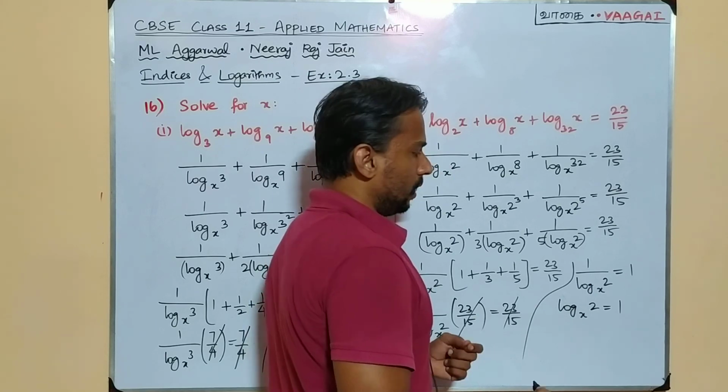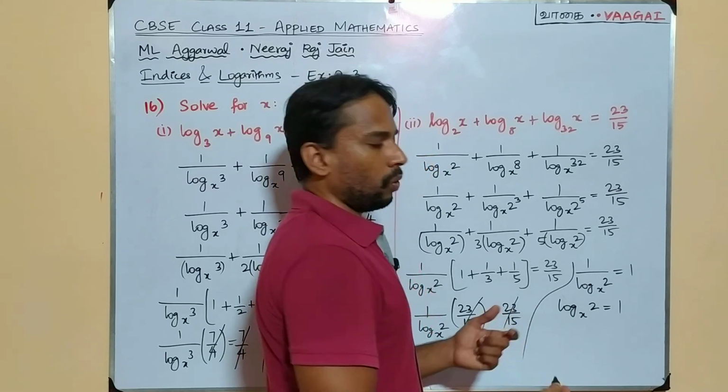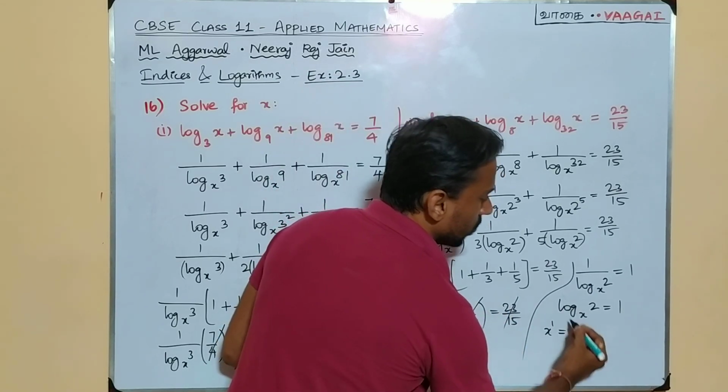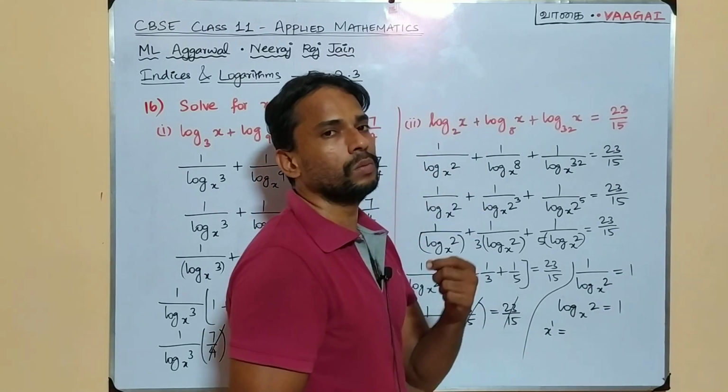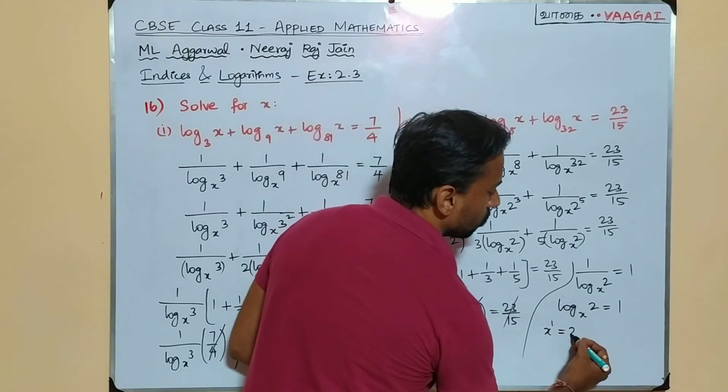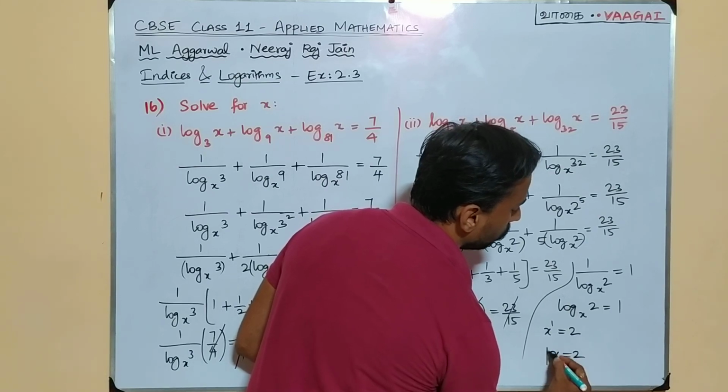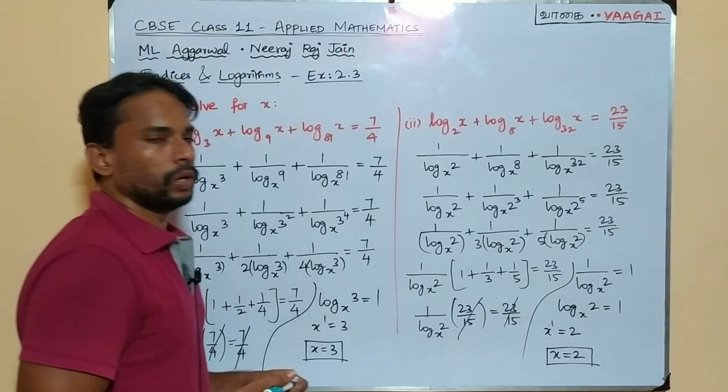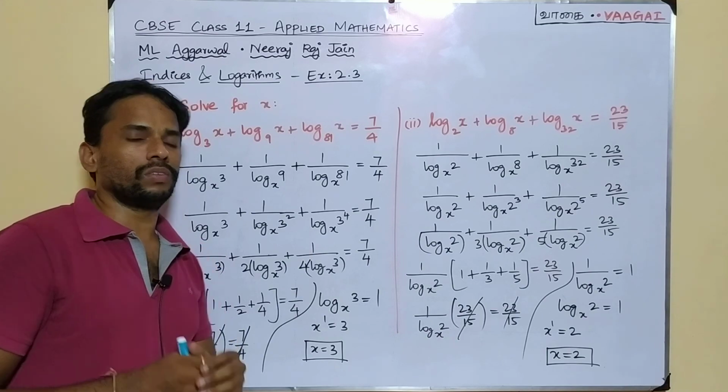Now, if you want to find the value of x, you just try to write this logarithmic form in terms of exponential form. We'll have x power 1 is equal to 2, and that means x is equal to 2. So x is equal to 2 is going to be the answer for our second subdivision of this 16th question.